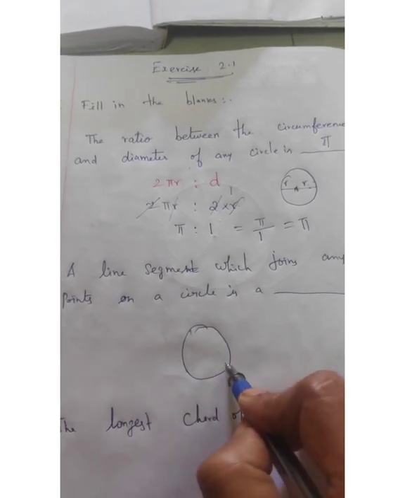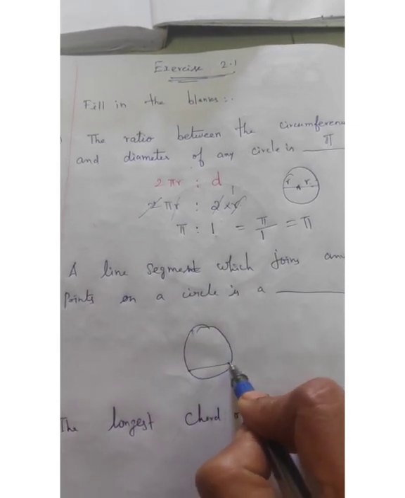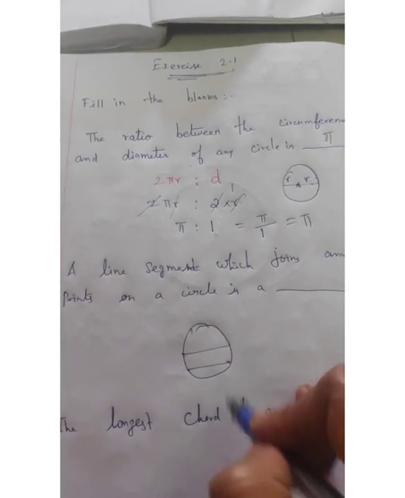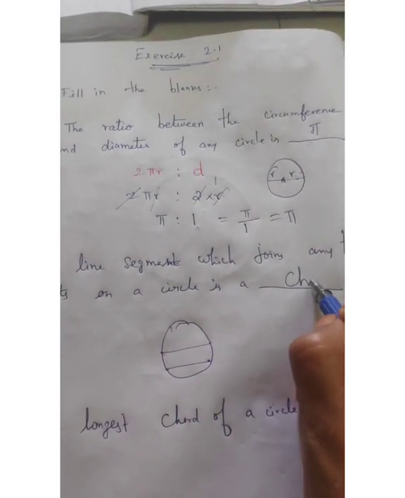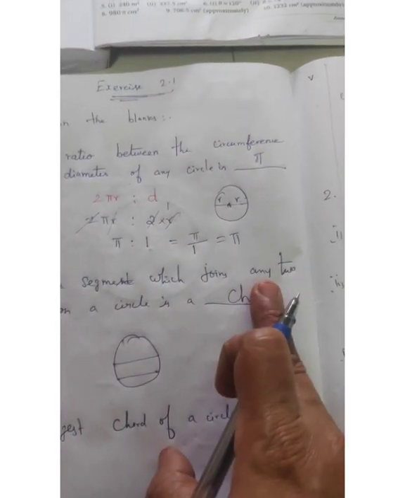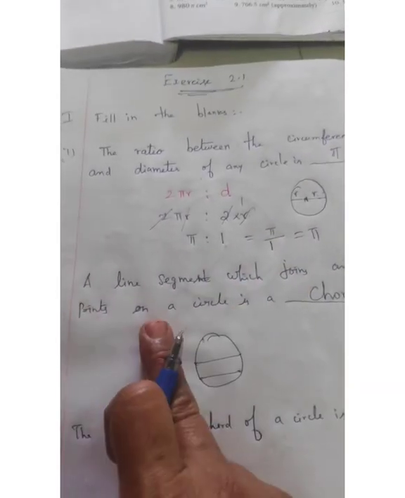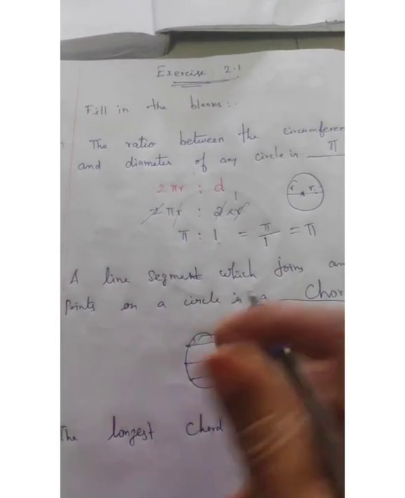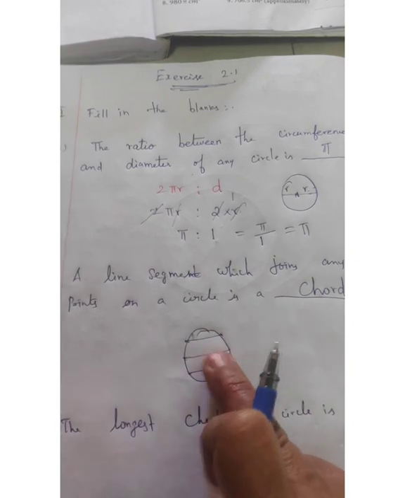Any points. Here 1 point, there 1 point. This is called the points. This whole line is called the chord. Chord is the answer. A line segment which joins any 2 points, here 1 point, there 1 point, joining, is called the chord of the circle.